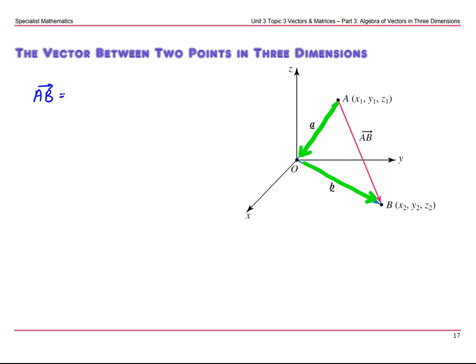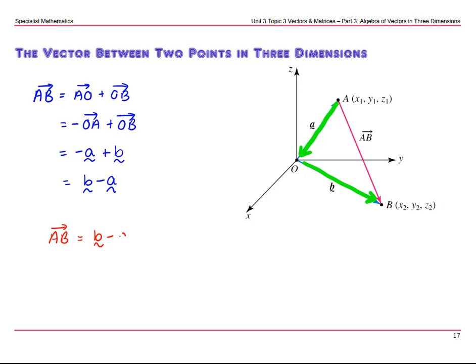So that would be AO plus OB, which is the negative of OA plus OB, which is minus vector A plus vector B, which you could represent as B minus A. So remembering from when we did two-dimensional vectors, AB, it's the second point, B, minus the first point.